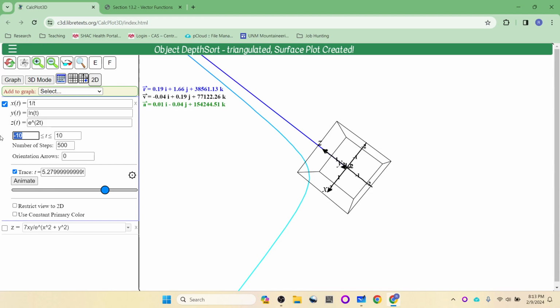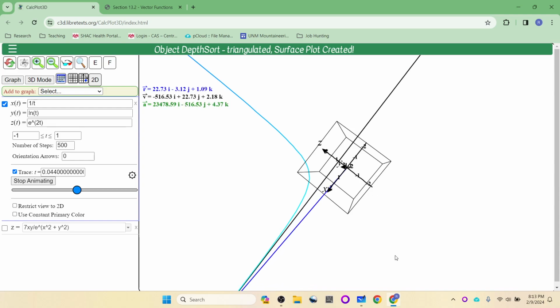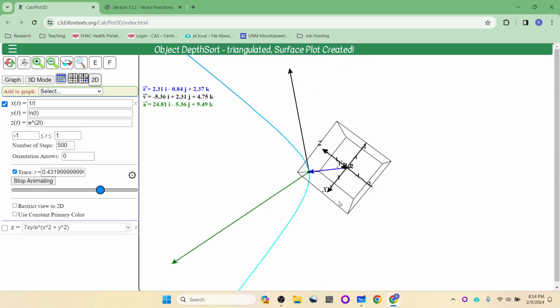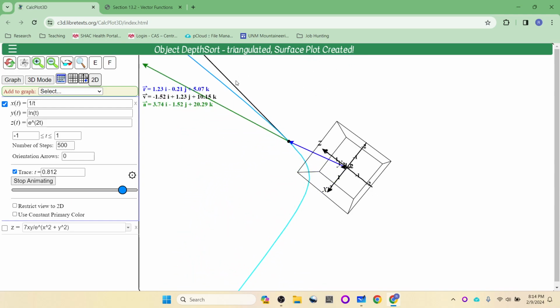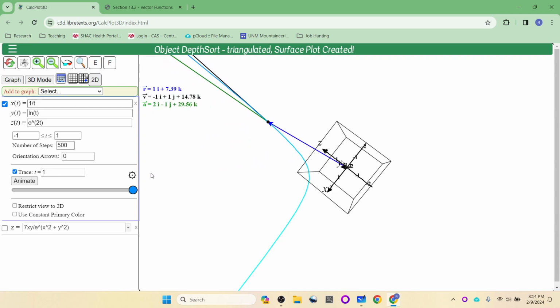If we want to slow it down, we could say -1 to 1, but still 500 steps, so it'll take lots of time going there. You can see the black vector is always pointing in the direction of the motion.